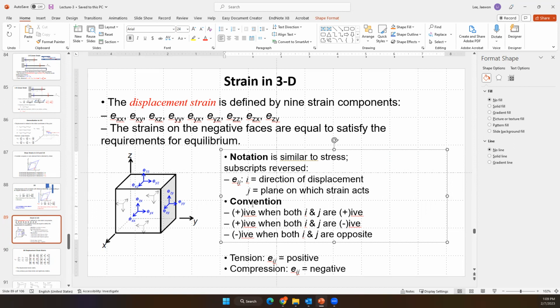So this is a displacement relative to the positions. And then the convention is that the sign is positive when I and J are both positive, or both negative. Do you understand?